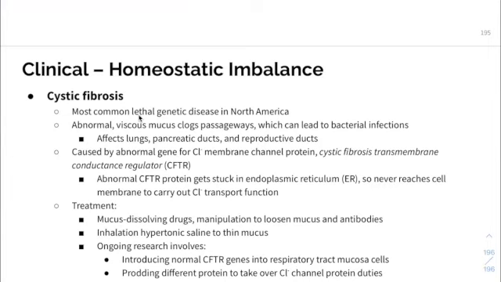So mucus starts to accumulate in the lungs. It is one of the most lethal genetic diseases in this country. It leads to bacterial infections because it affects the lungs, but it also affects the pancreatic and reproductive ducts.